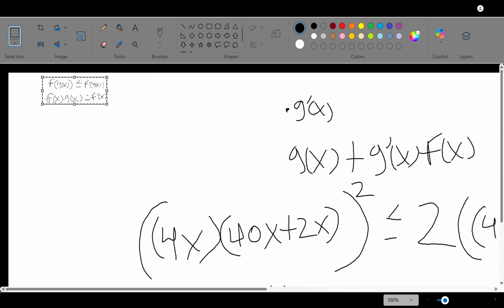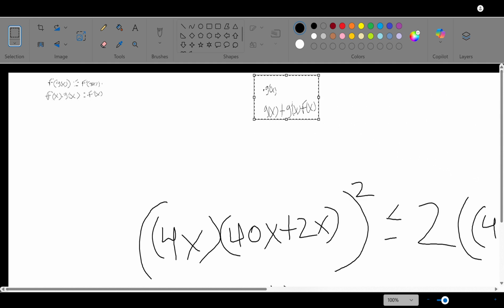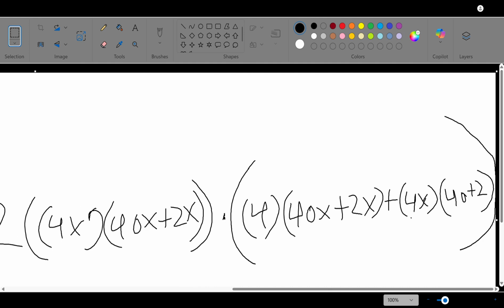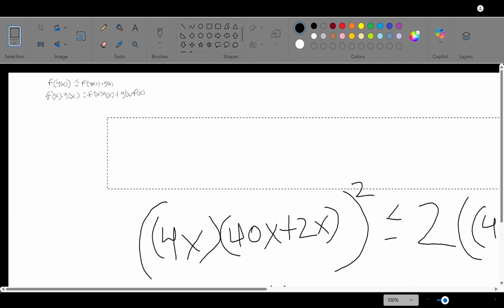Make that small. Make this small. Put it right there. There you go. Now we have to make all of this extremely small.